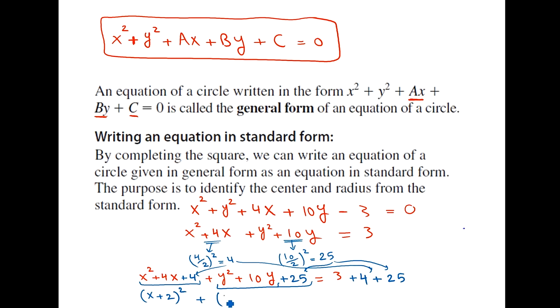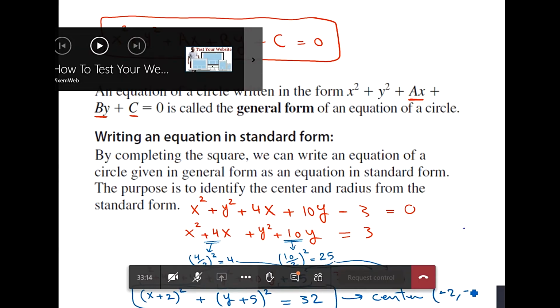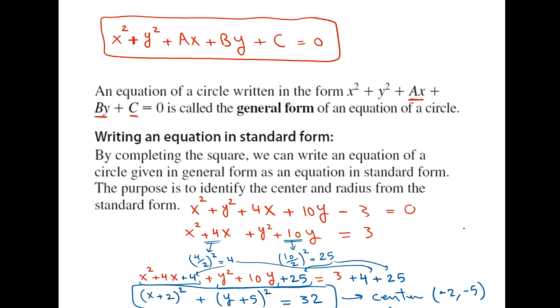This is equal to y plus 5 square. And this equals 25 plus 4, 29. 29 plus 3, 32. So this is the standard form for the circle with center minus 2, sorry, and minus 5, and the radius r equals radical 32.